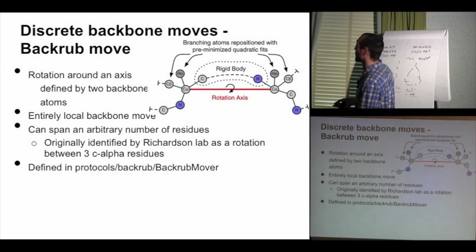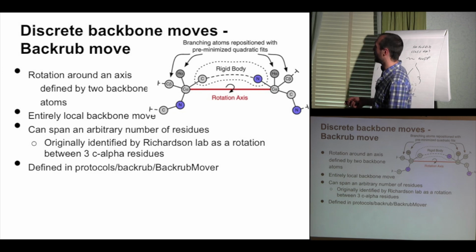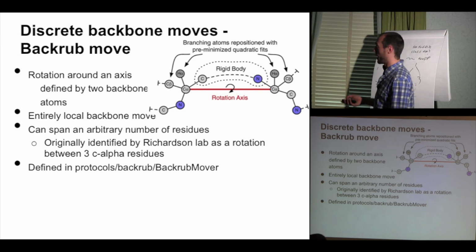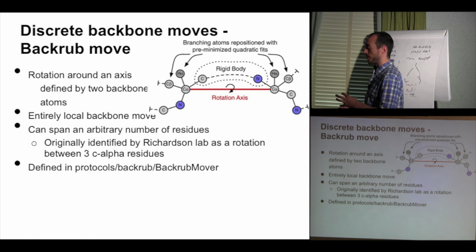Another discrete backbone move you can make is the backrub move. This was a move that came from the Richardson group at Duke, and they noticed that this type of thing happens in high-resolution crystal structures.